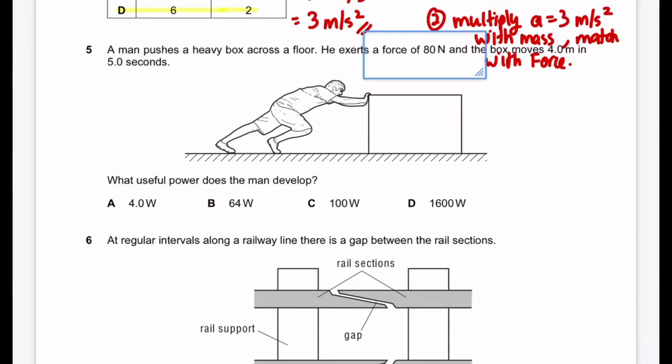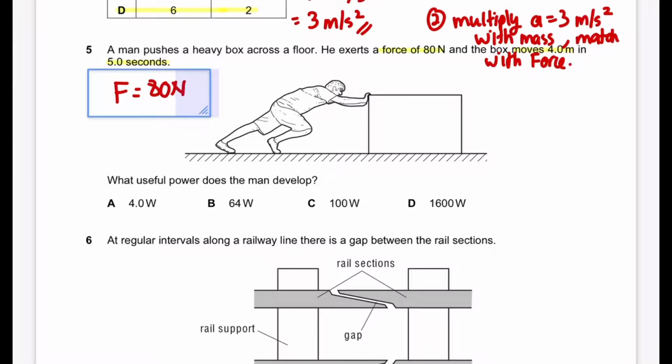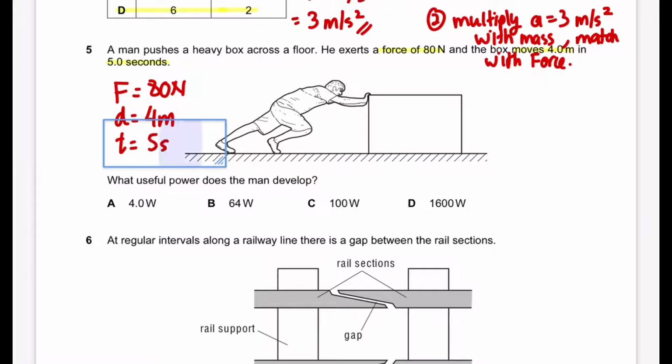Let me highlight the information first. Force of 18 newtons, moves in 4 meters, and in 5 seconds. So with these 3 information right here, force is 18 Newton, distance is 4 meter, and time is 5 seconds.